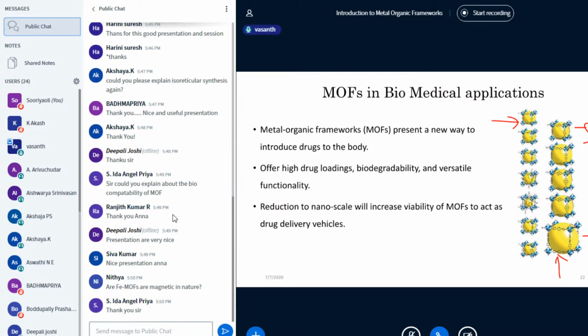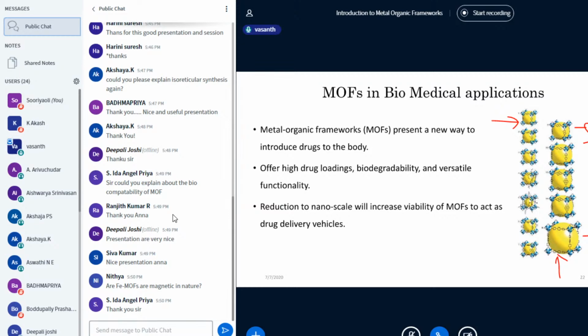These are not magnetic because these are just Fe2+ ions. Either it has to be an iron 0 compound or a combination of Fe2+ and Fe3+ to induce magnetic property in them.